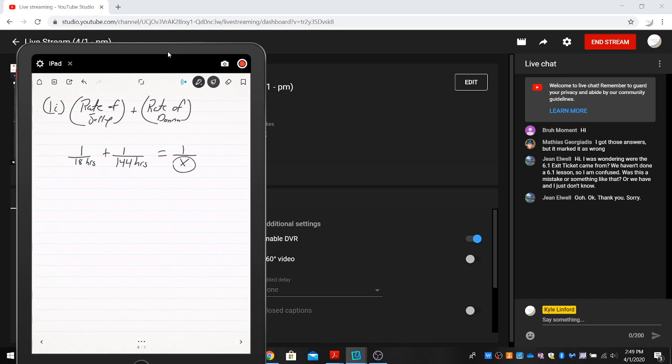Again, x here is the time it would take to complete this task if they work together. And again, we're assuming that they work at their consistent rates, like they don't take a break or anything. So all we have to do here is solve this equation: 1 over 18 plus 1 over 144 equals 1 over x.